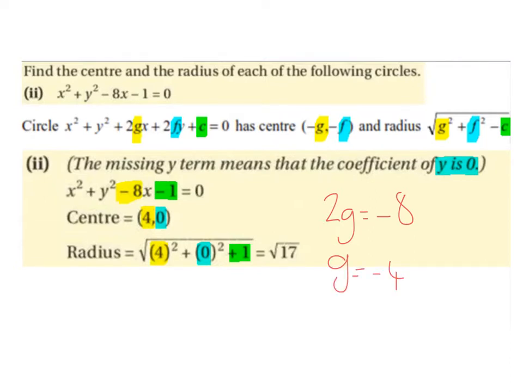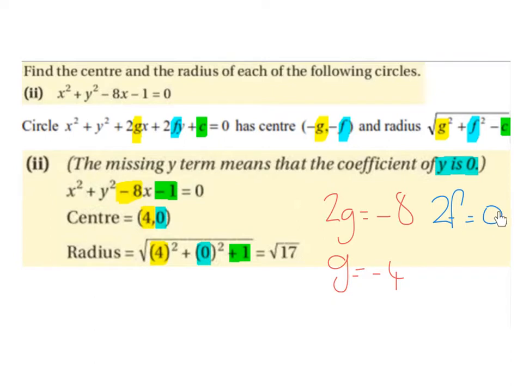So our centre is going to be minus g, minus f. So if g is equal to minus 4, then minus g is going to be minus minus 4, which is plus 4. So the x-coordinate of our centre is 4. Next, we're going to compare the coefficient of y in our formula, which is 2f. And we know that our coefficient of y is 0 because we don't have a y value. So we let 2f equal to 0.